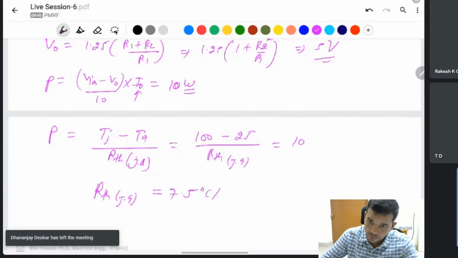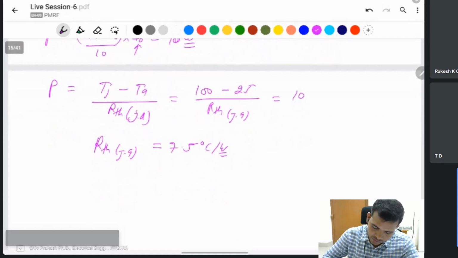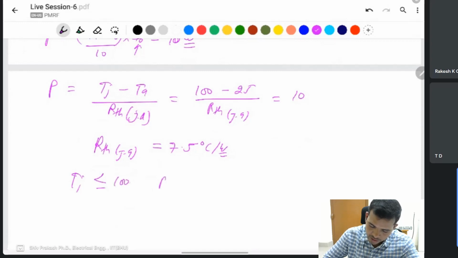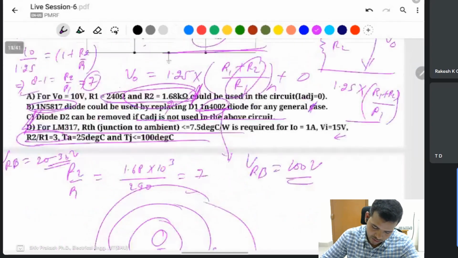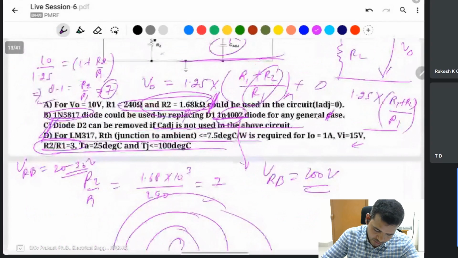So 1 degree centigrade per watt. If junction temperature is less than or equal to 100, then Rth should be less than 7.5 degrees. So also correct. Last one, I think A, C, D, N is the correct answer.